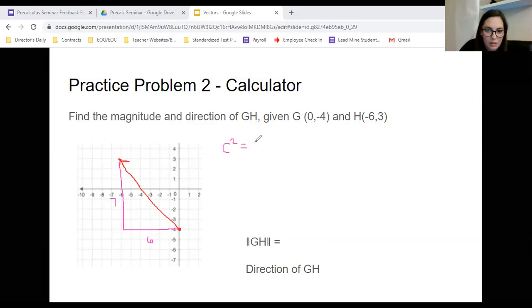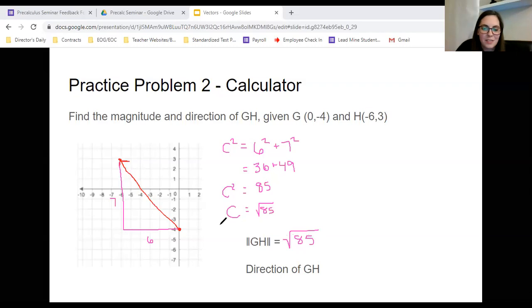C squared equals 6 squared plus 7 squared. And take the square root of both sides to get the square root of 85. So my magnitude is the square root of 85. I could plug that in my calculator and get some sort of decimal. I'm not going to, just because I like it in the radical form a little bit better.